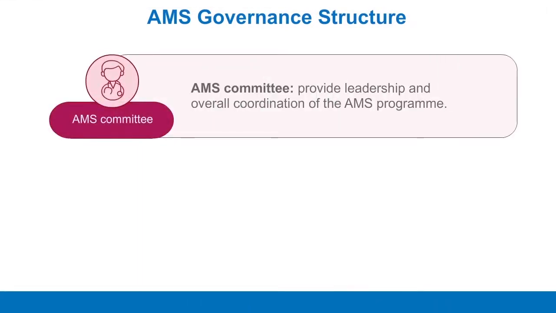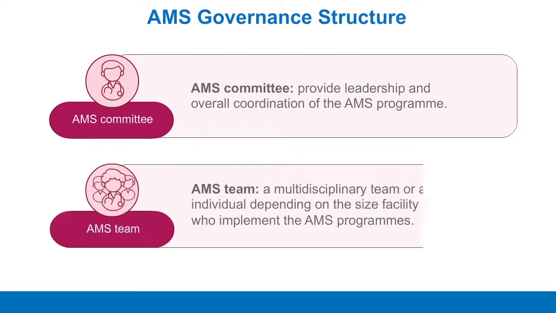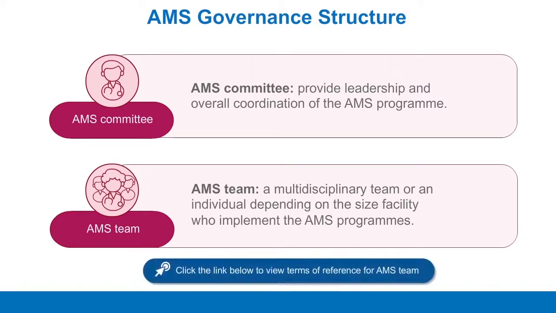The AMS committee in the healthcare facility provides leadership and overall coordination of the AMS programme. The AMS team, which ideally should be a multidisciplinary AMS team or otherwise an individual, depending on the availability and size of the facility, implements the AMS programmes.